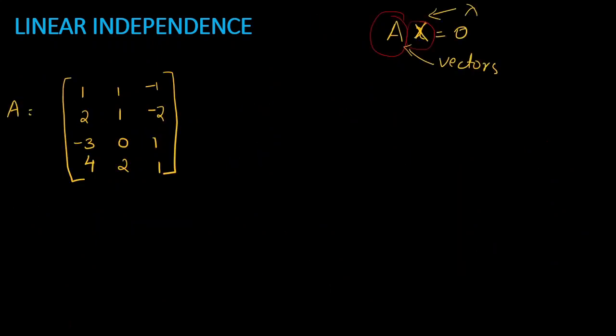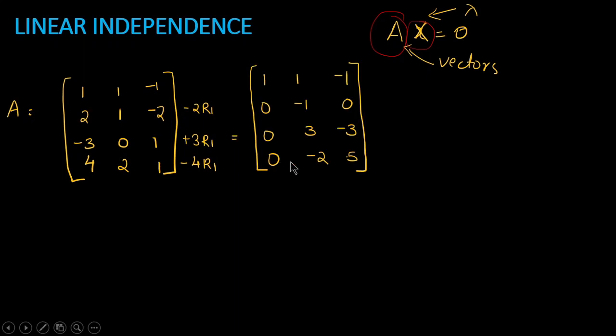So it is written here, and now we have to reduce it into row echelon form. I applied minus 2 r1, plus 3 r1 and 4 minus 4 r1. These transformations have been applied and we got it like this.